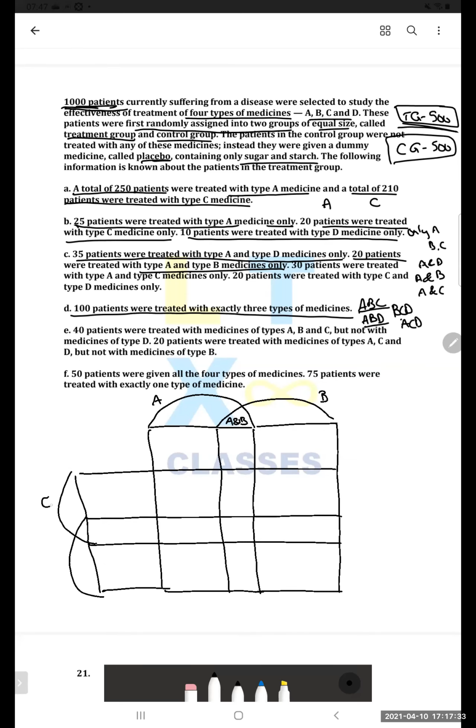If I call this C, and if I call this D, this would be C and D. Okay, guys? Did everybody follow here? How we represented the sets? This entire one is A. Let me use a different color.